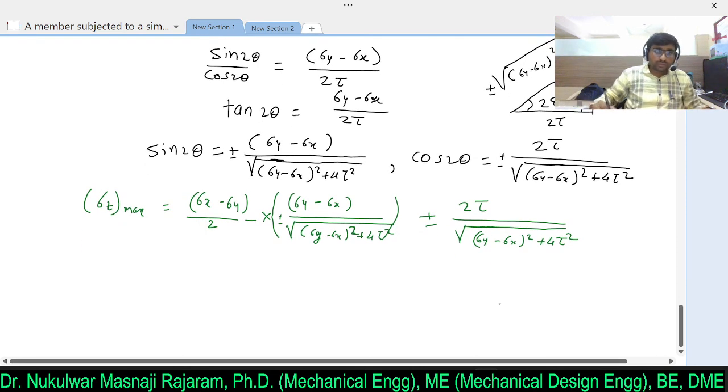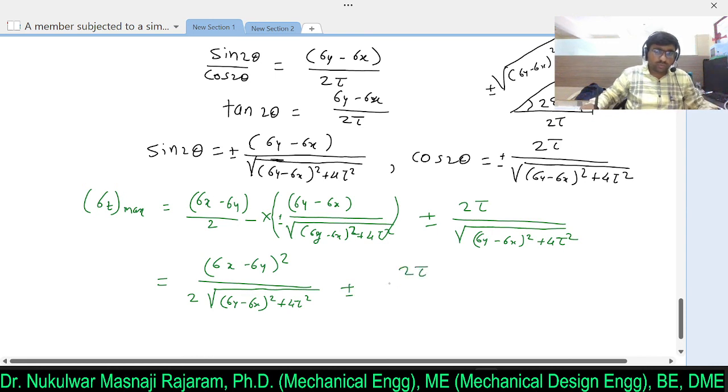Simple. So if I take minus as a common, because this is a plus or minus, you can rewrite it like this also. So I can write sigma x minus sigma y whole square divided by 2 into under root of sigma y minus sigma x whole square plus 4 tau square, plus or minus again 2 tau divided by under root of sigma y minus sigma x whole square plus 4 tau square.